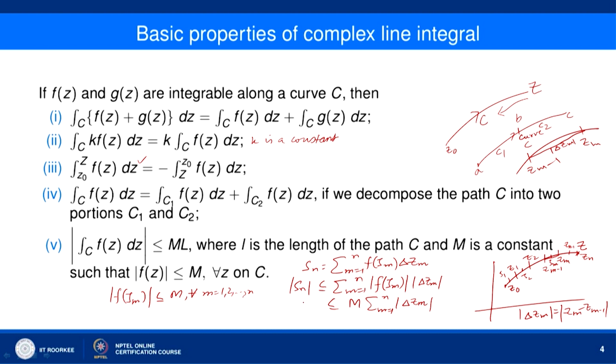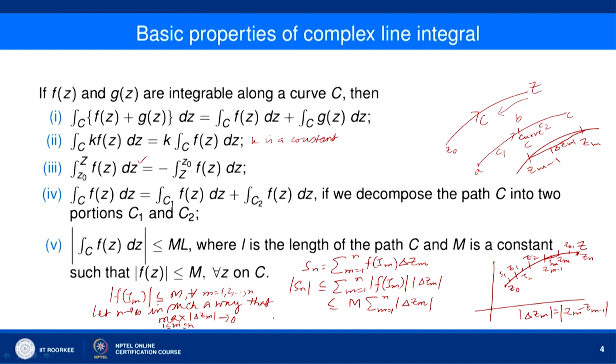Now, let n go to infinity in such a way that the maximum of mod of Δzm, where m varies from 1 to n, goes to 0. So, you go on increasing the number of points that divide the curve into n parts in such a way that the maximum length between any two points of the subdivision goes to 0.